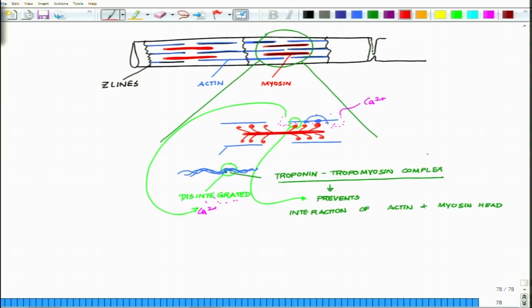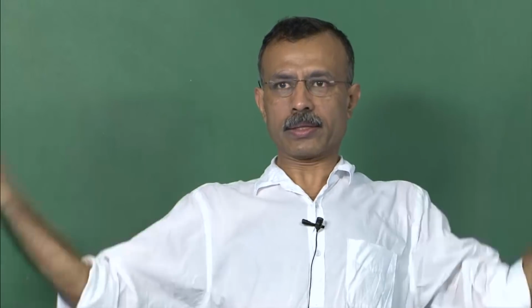This head moves like this, and when it moves there is a contraction observed in the actin and the myosin filament, and this is where the force generation is. The force with which this myosin head is moving is what we call the muscle force. All of them move like this, and this is what generates the muscle.